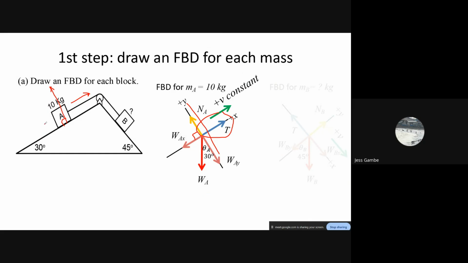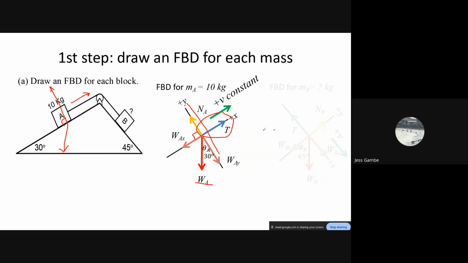Then you have the weight, which is not on the y-axis but points straight down. The other two weights here are just the components of the weight A, WAX and WAY, which you can calculate using sine and cosine of this angle, so that we can sum the forces along the x and along the y.